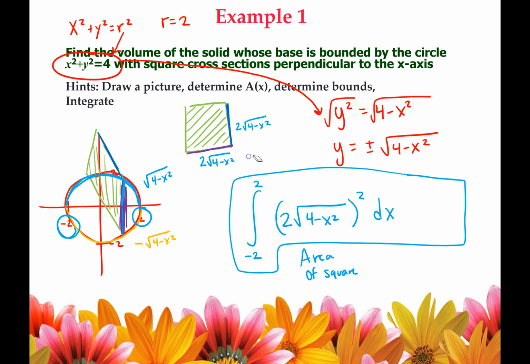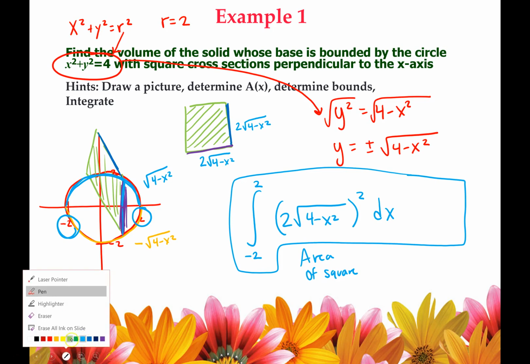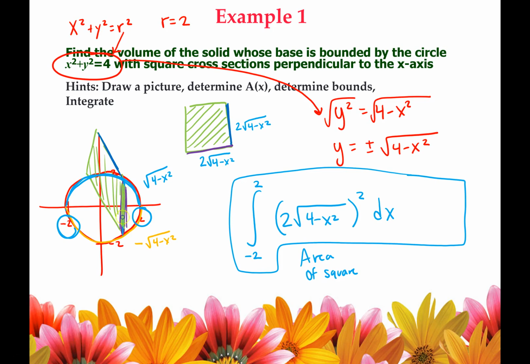Now, if you're a little confused about how I got this 2 square root of 4 minus x squared, there actually is an alternative way to do that. You can think about when we were finding the area between curves, that if I want to find this distance right here, I just do the top curve minus the bottom curve. So that would be the square root of 4 minus x squared minus negative square root of 4 minus x squared.